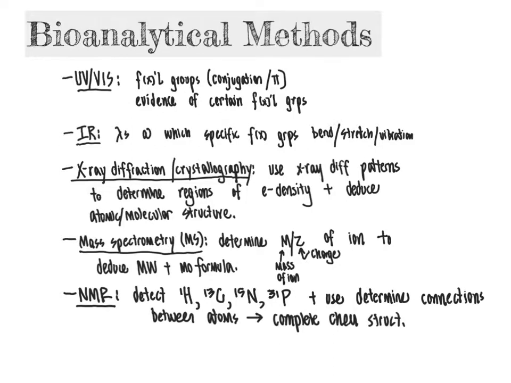Or we can use the IR data and or UV-Vis data to piece together some select functional groups in the molecule, such as determining there's a carbonyl group in the molecule, and then use NMR both to confirm the presence of that functional group and also determine exactly where in the complete chemical structure that particular functional group is. So NMR is a very valuable technique.